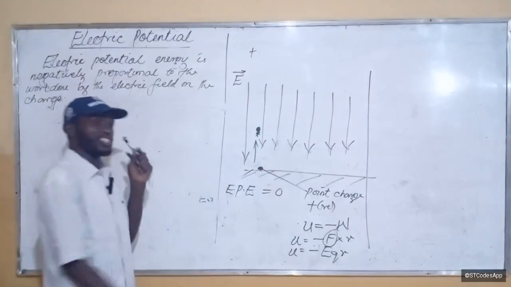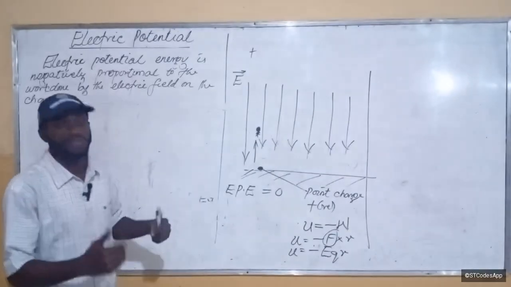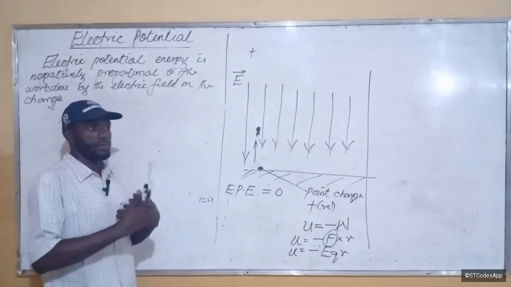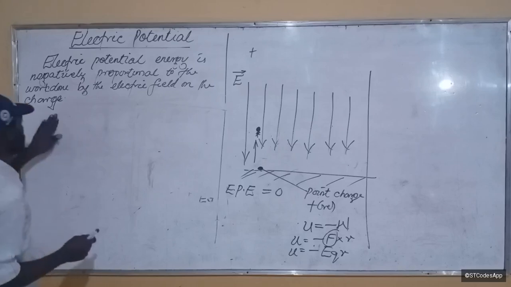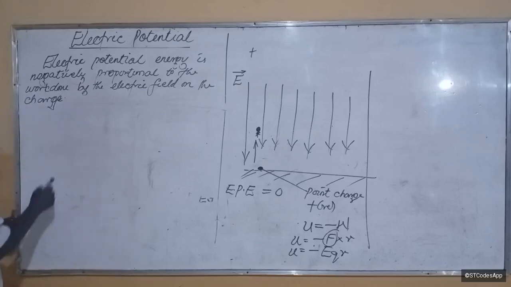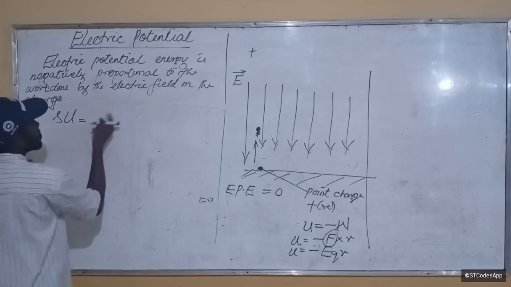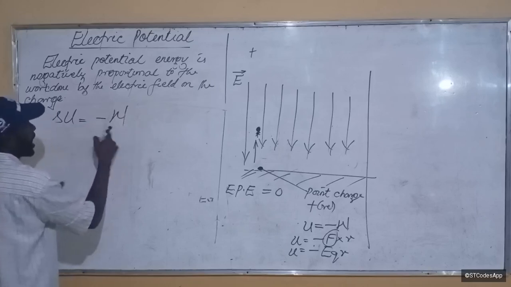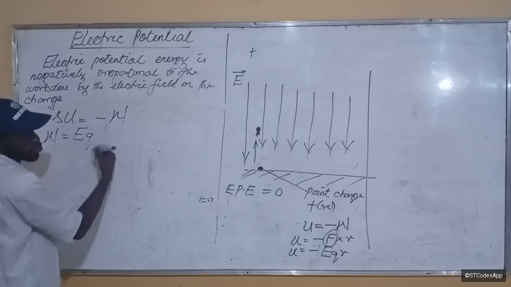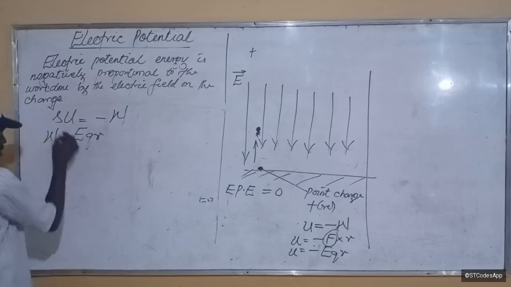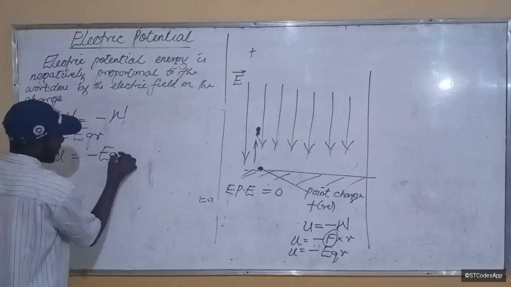It is the energy stored in the charge, but seen in terms of the electric field, which means it's the negative of the work done by the electric field. So the change in U is equal to the negative of the work done. And recall that the work done on a charge is EQ times distance, which could be D or R in this case. Then this becomes U equals minus EQR, like we have said here.